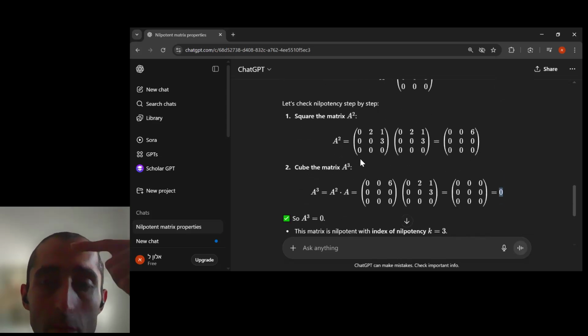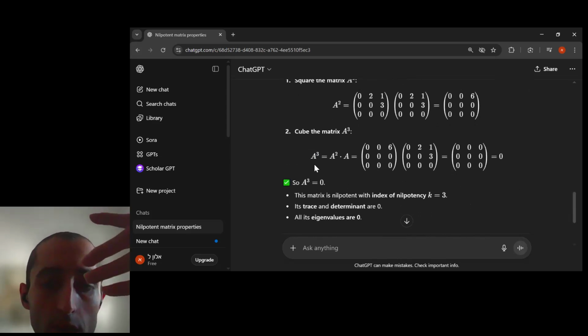Now, again, the minimum index, the minimum power that gives me the zero matrix for this matrix is called the nilpotent index. As you can understand, if I take A to the power of 4, A to the power of 5, A to the power of 6, they will all be zeros.